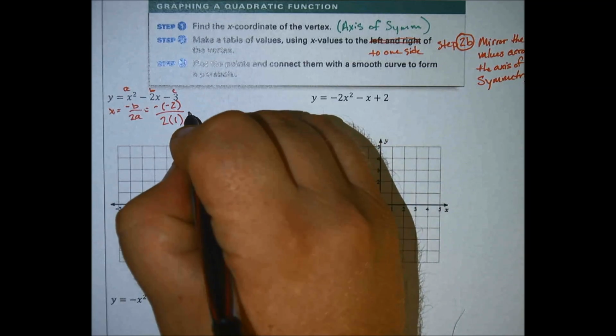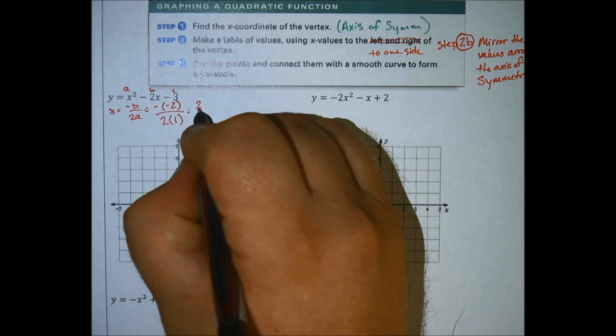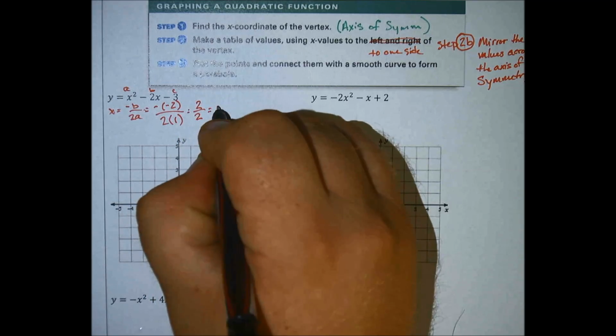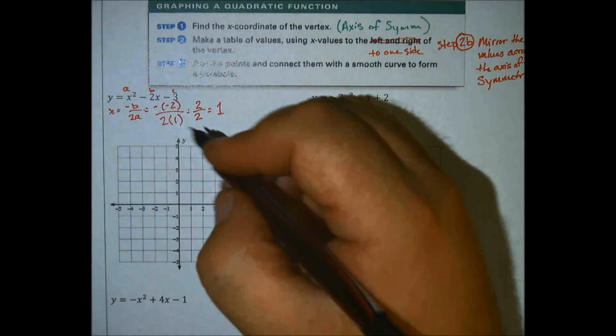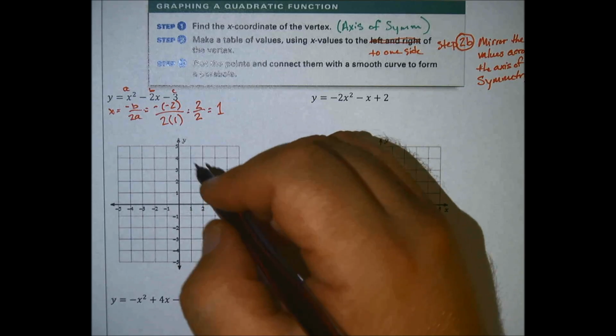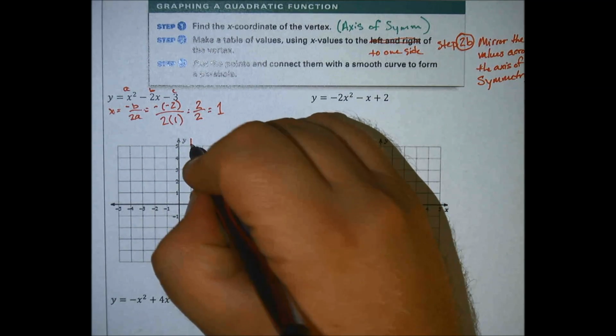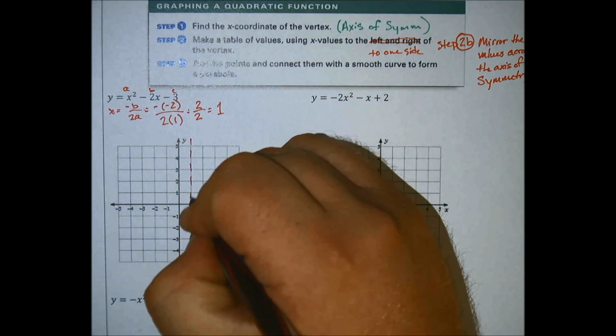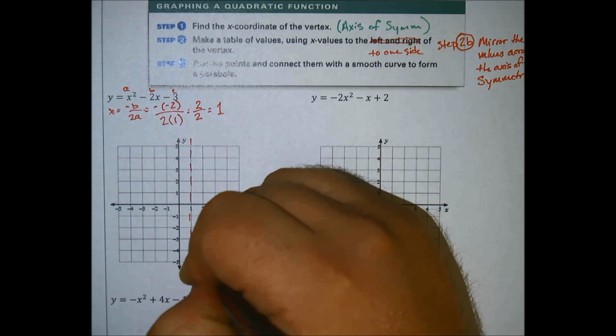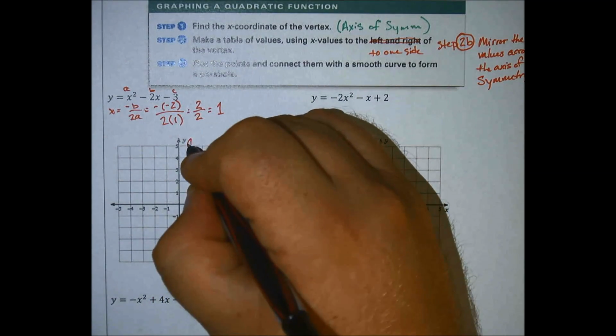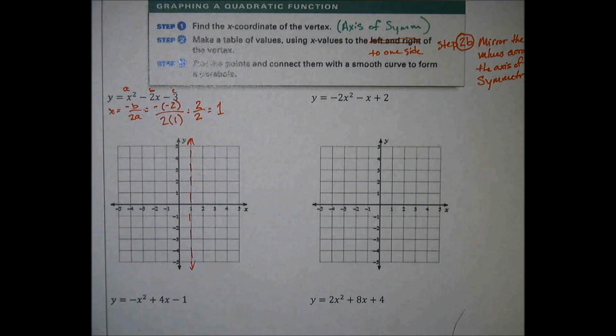A is 1. Negative 2 is positive 2 over 2, which equals 1. So the x-coordinate of my vertex, or more importantly for right now, my axis of symmetry, is 1. I can't really plot the vertex right now because I don't know what the y value of the vertex is. So let's go ahead and find that.